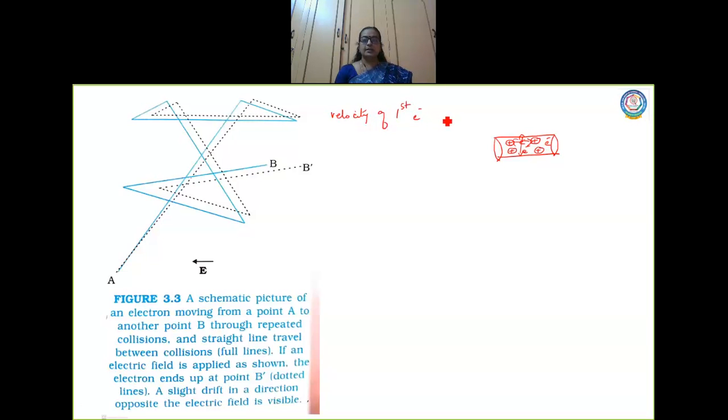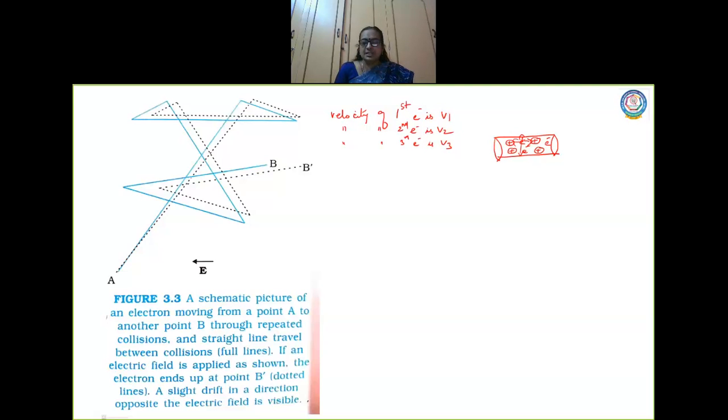Let it be v1. Velocity of the first electron is v1. Similarly, let us consider the velocity of the second electron to be v2. Then the velocity of the third electron is considered to be v3.